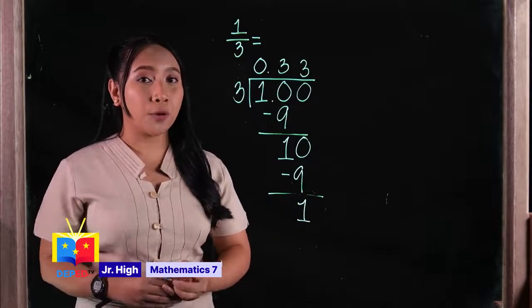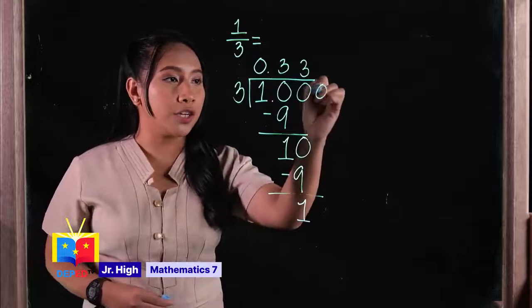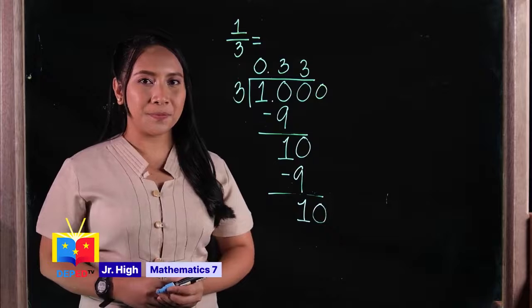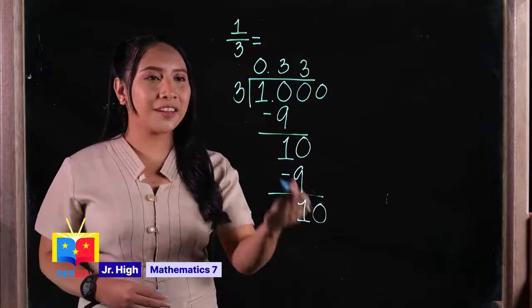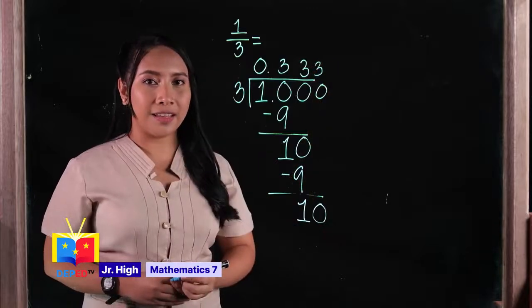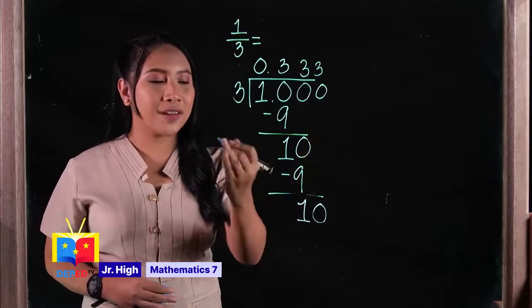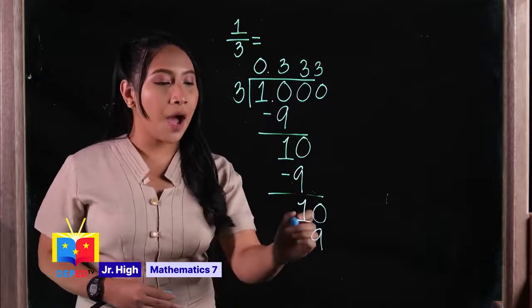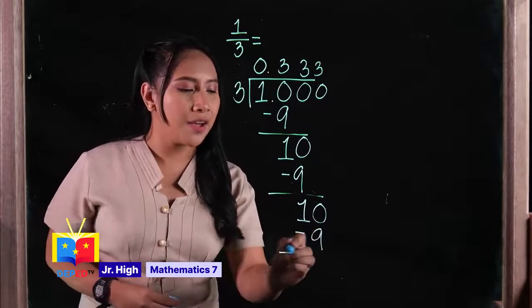Then again, we are going to put 0 here so that this will be 10. 10 divided by 3 is 3. 3 times 3 is 9. And 10 minus 9 is 1.